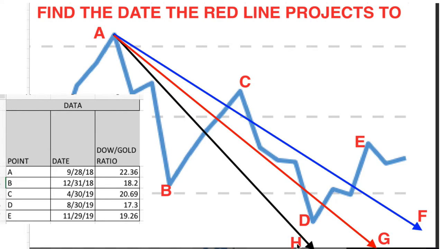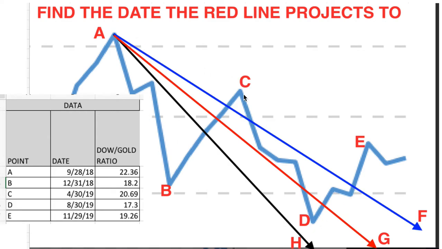And I'll show you the calculations in a second. It's just a spreadsheet slope type calculation. And then I also did the midpoint between D and E here in blue. And so I got a third date also by just taking an average of those two dates.